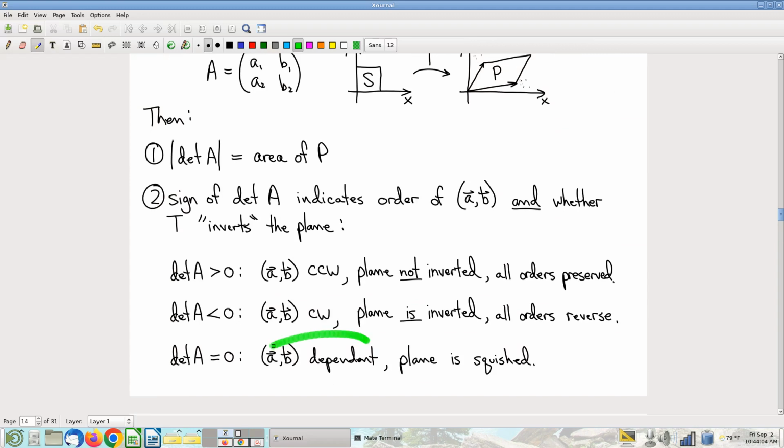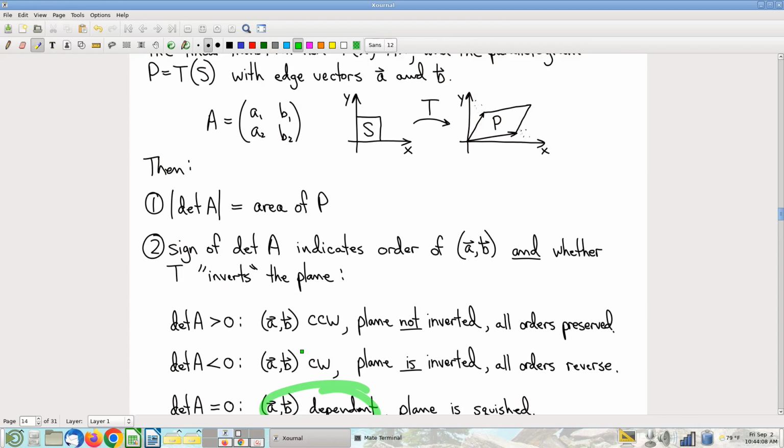Think about what would happen if these two vectors were dependent instead of what I have drawn here. If the first vector were like this, and if the second vector were like that, well, then my parallelogram, instead of having some area to it, would be kind of like that, right?